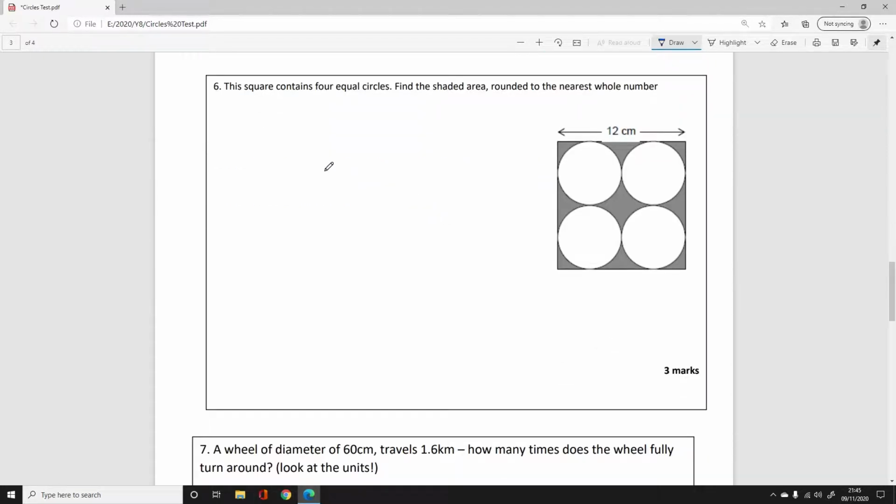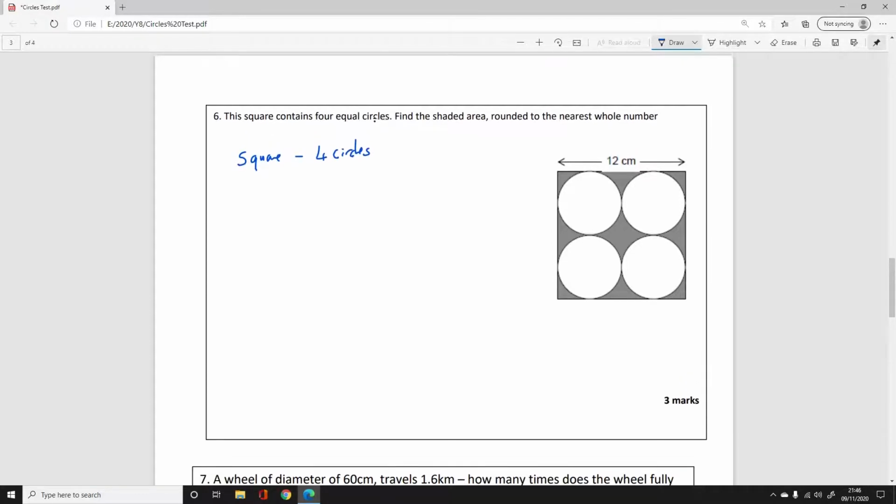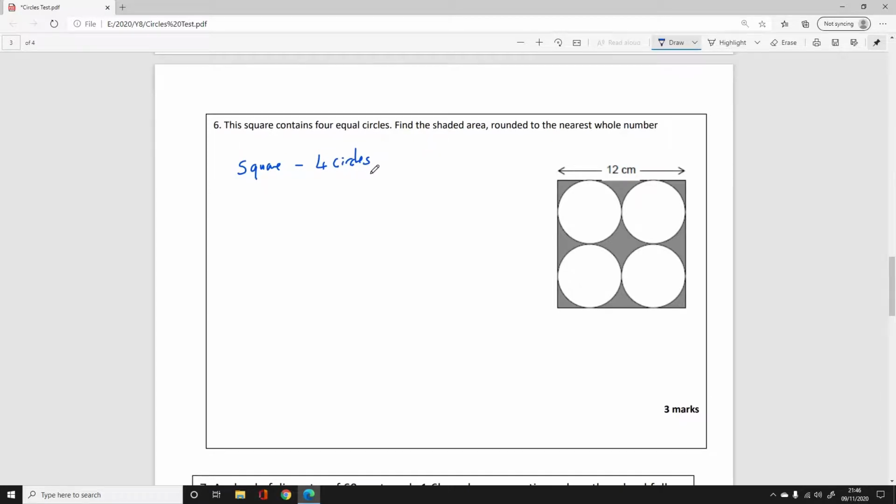Square contains 4 equal circles. Find the shaded area. So to find that shaded area, we need to do the square area minus the 4 circles. So one way you could do this is you could obviously find the area of a circle first, times it by 4, or we could plug it all together. So the square is 12 times 12.